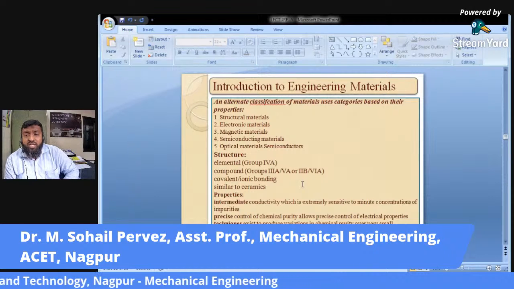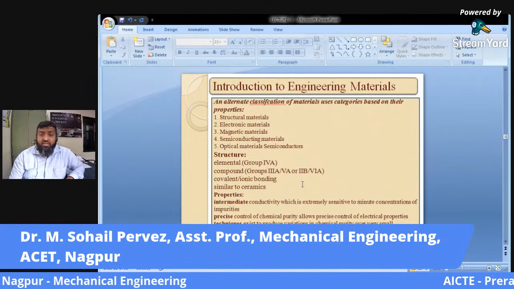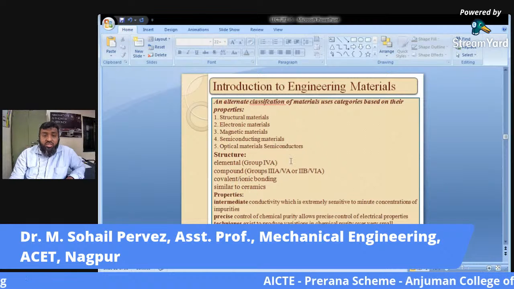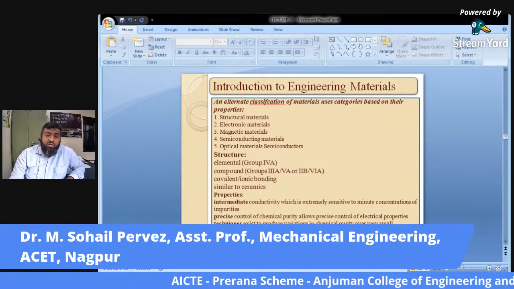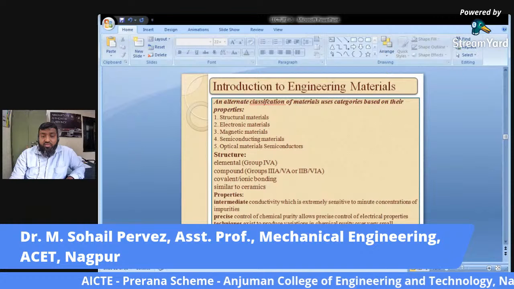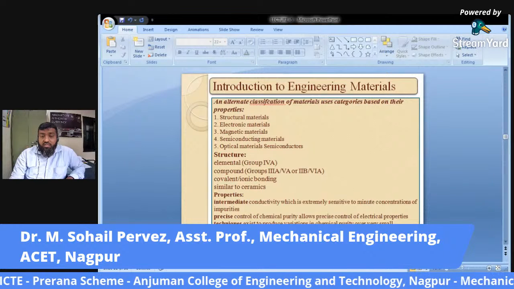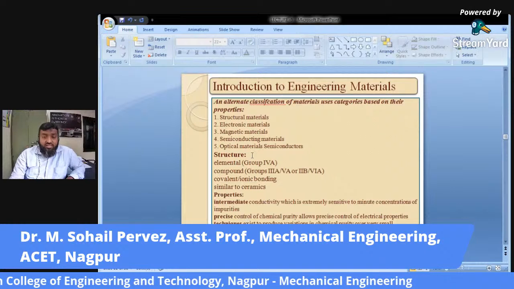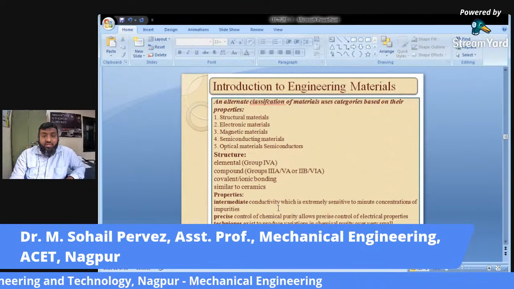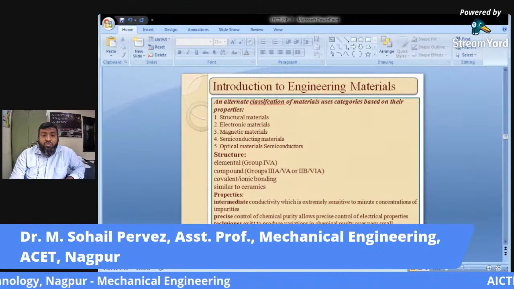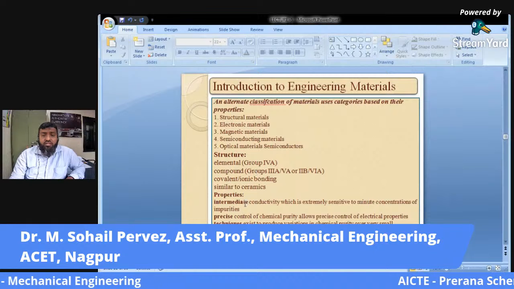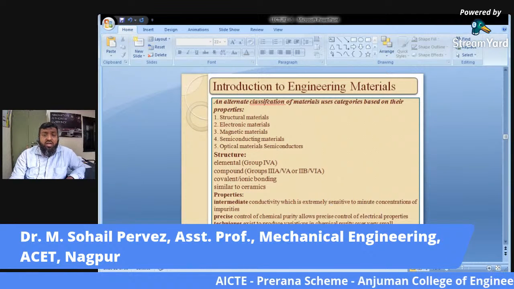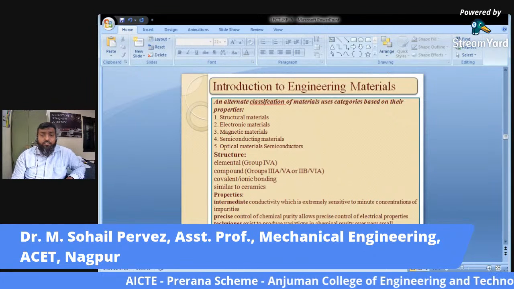Now based on categories, so I have just simply given here, when it comes to structure or the type of bonding which we are using, as for semiconductors, I have given simple properties, that is the intermediate conductivity is extremely sensitive. So this is all regarding semiconductors.